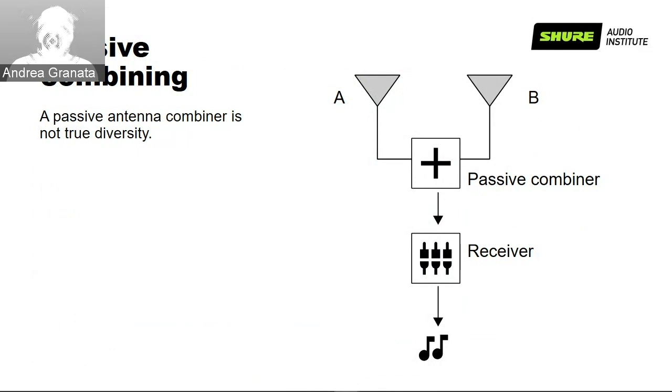But it has a plus: it's very simple, easy, and cheap. But it has a couple of minuses. One is that you're technically building an antenna array, meaning that the directivity of your antenna will be affected by the interaction of antenna A and antenna B. Plus, you don't have any control over it, and antenna B can actually subtract some good signal from antenna A. So this is the very first step into what is diversity.